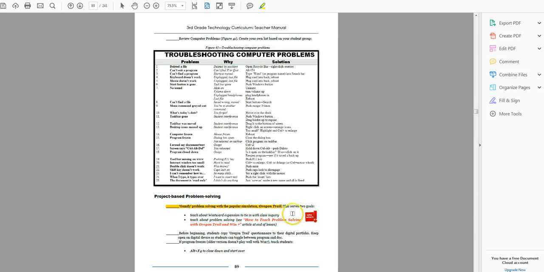Project-based problem solving. This is one where you need a quirky sort of software program or tool. I always used Oregon Trail, a very old tool, but everyone loves it, and it was very quirky on the computers in my school. You're going to find one of your own, but we had one, Alt F4.